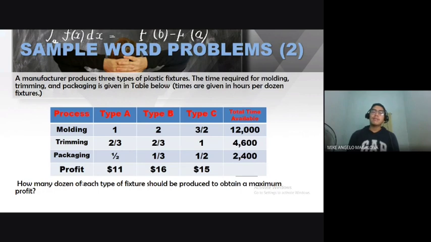The total time available in molding is 12,000, in trimming 4,600, in packaging 2,400. For profit, type A will have $11, type B $16, and type C $15. Our question is, how many dozen of each type of fixture should be produced to obtain a maximum profit?